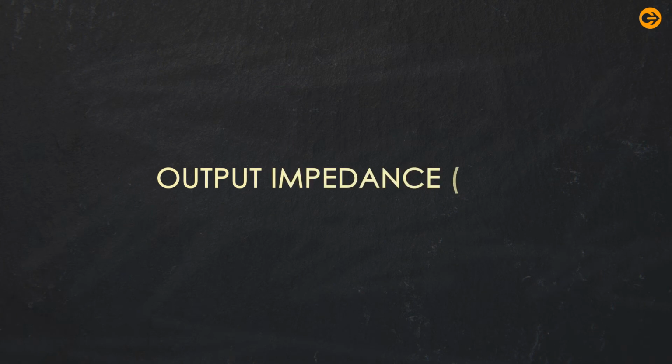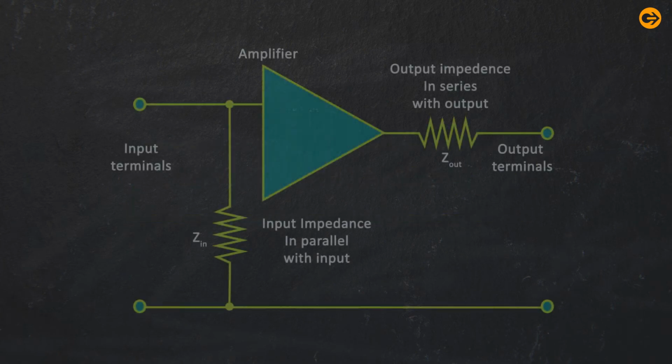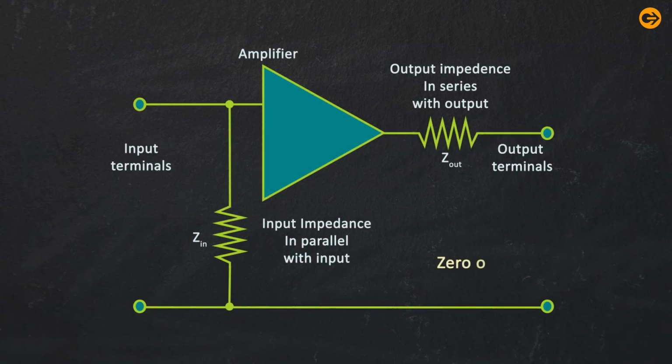Output impedance or Zout. Theoretically, an ideal op-amp has zero output impedance. This indicates that the output voltage is independent of the output current. Therefore, an ideal op-amp can function as a perfect internal voltage source with zero internal resistance, so that maximum current can be directed to the load.